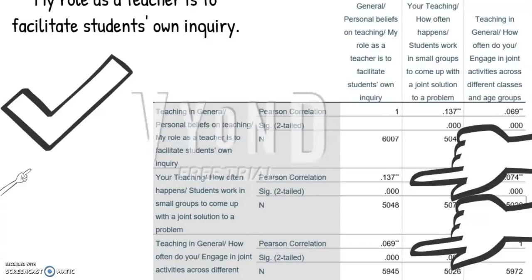And then also to TALIS 42, which is on students coming up with joint solutions together. And across the board, there was significance in these relationships. However, the Pearson correlation coefficient was rather low, so these are not really strong relationships.